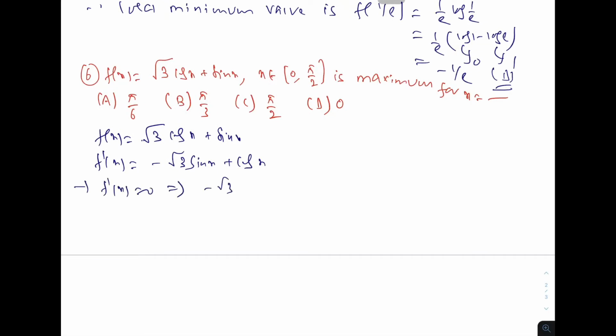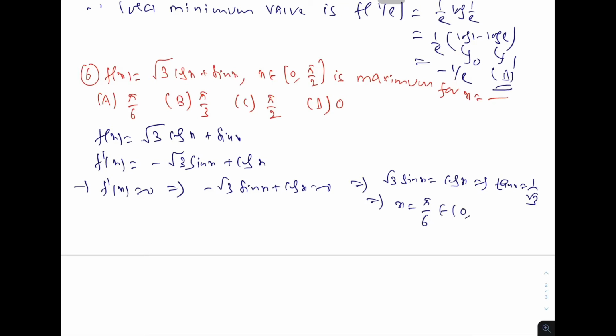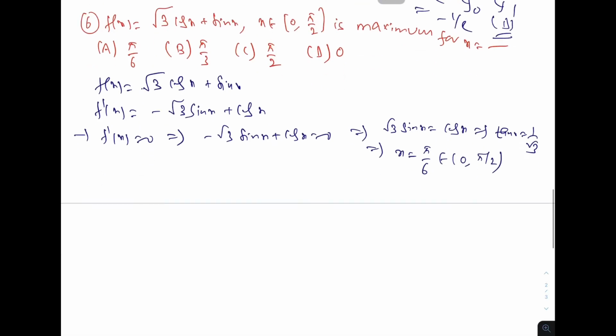So minus root 3 sin x plus cosine x is 0, and so tan x is 1 over root 3, and therefore x is equal to pi by 6. That is already there in the interval 0 to pi by 2.